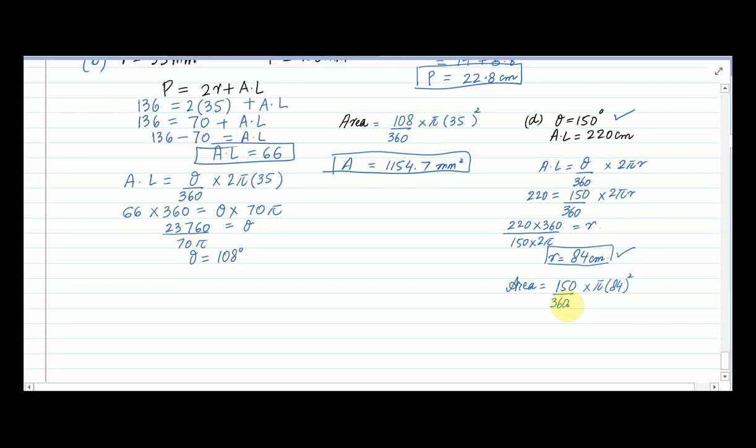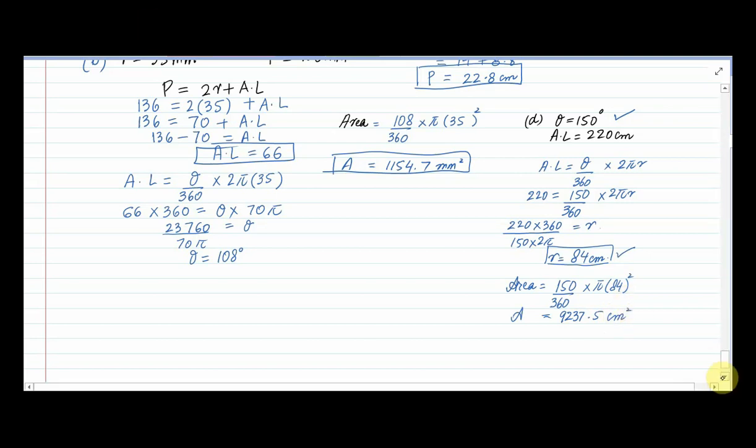So when you solve it, 150 multiply pi multiply 84 square, it's 332549, and it will be divided by 360. So it's 9237.5 centimeter square, right?